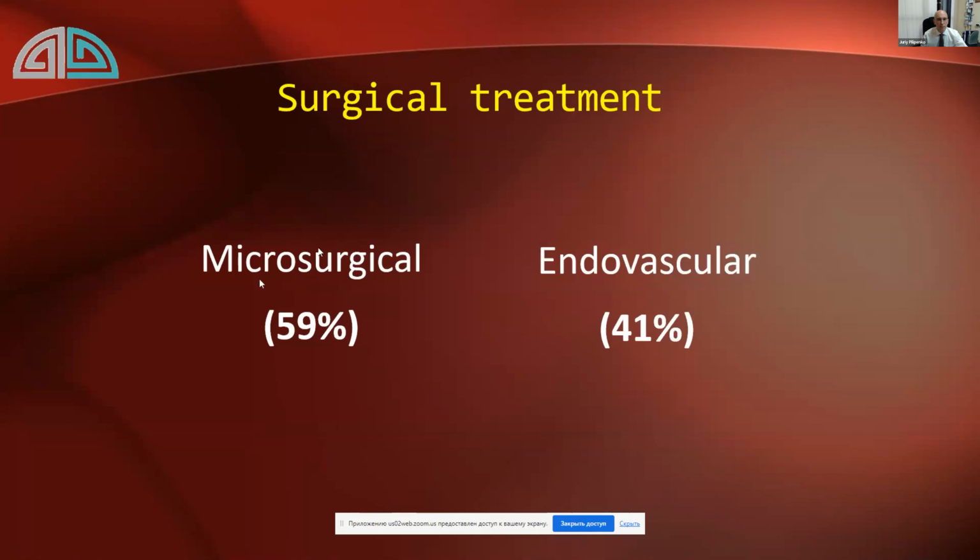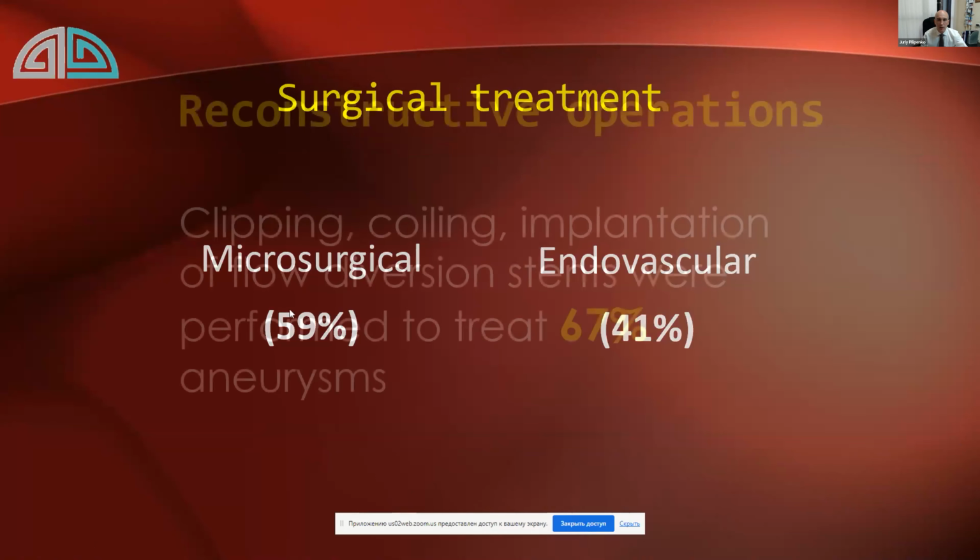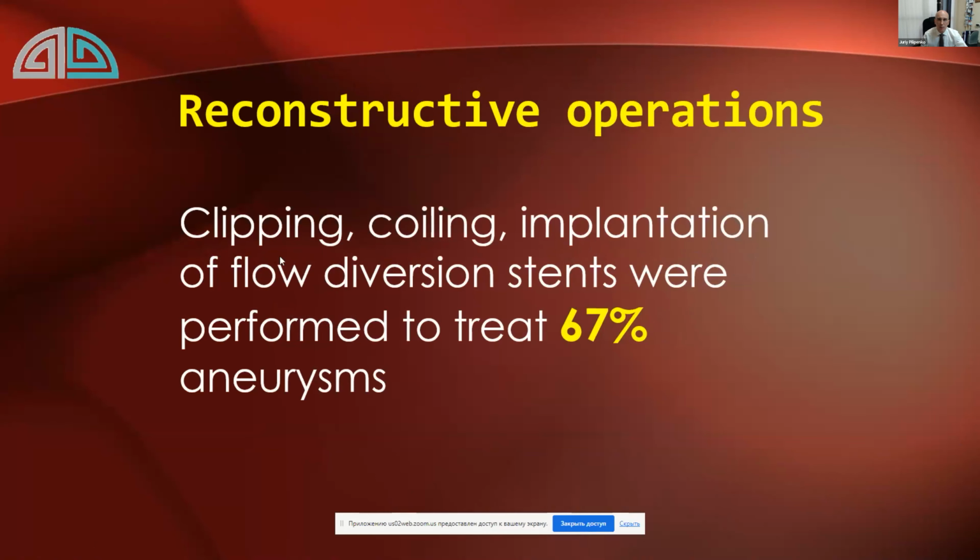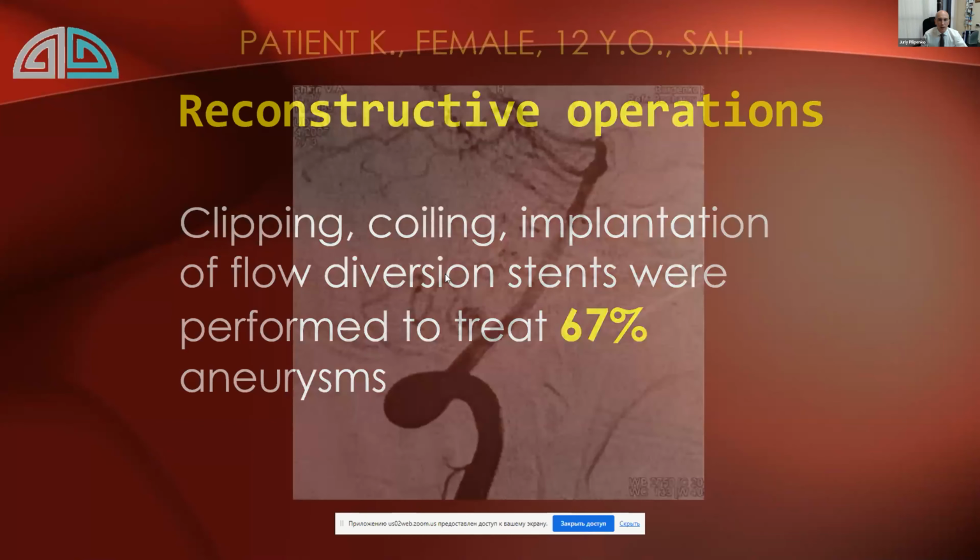We more often prefer microsurgical treatment in children, and reconstructive operation in the majority of cases, 67%, which includes clipping, coiling, and implantation of flow diverters and stents.